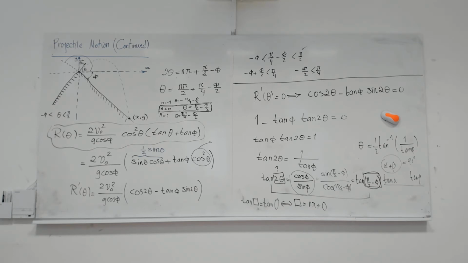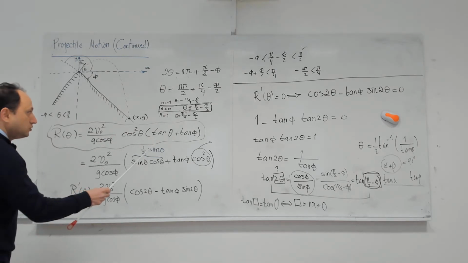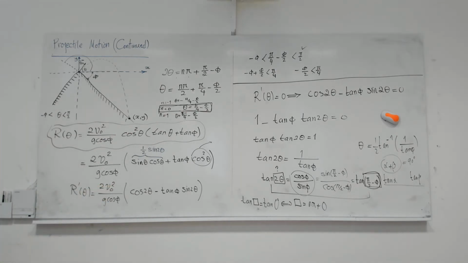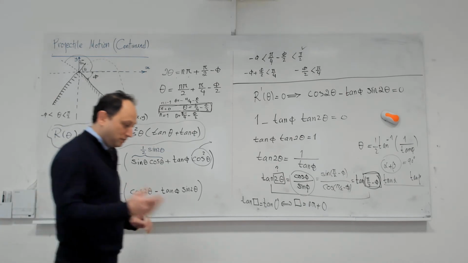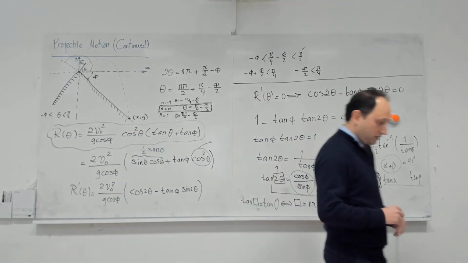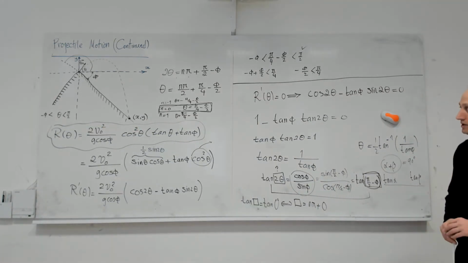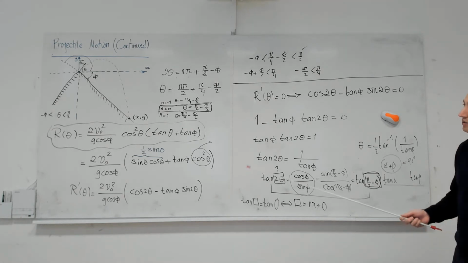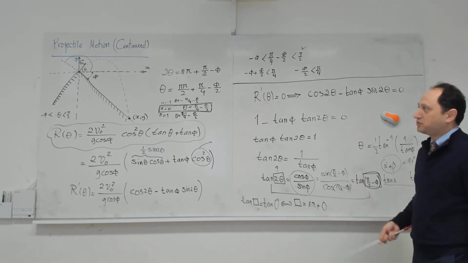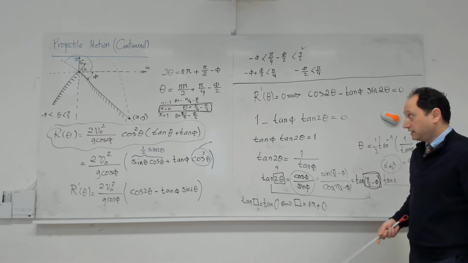Another question is good. This is practically usually more important than answering what the maximum range is. Maximum range depends on your actual capabilities and your body. But if I ask, what is the maximum range that this athlete can reach?